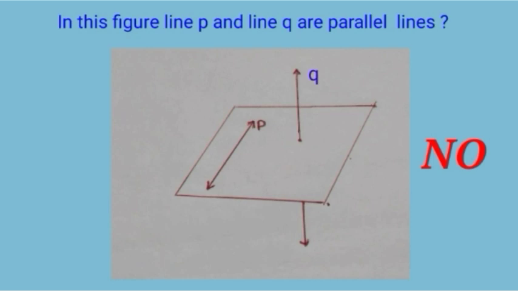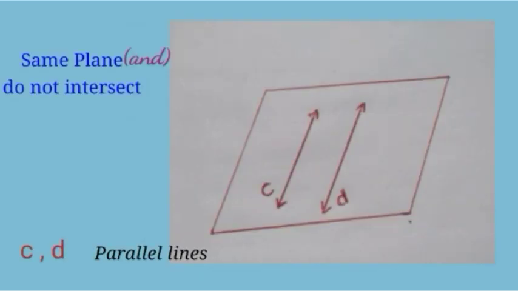Let us understand the complete definition of parallel lines. Here, line C and line D are parallel to each other. Lines which are on the same plane and do not intersect are called parallel lines. Observe here, parallel lines do not have any common point.